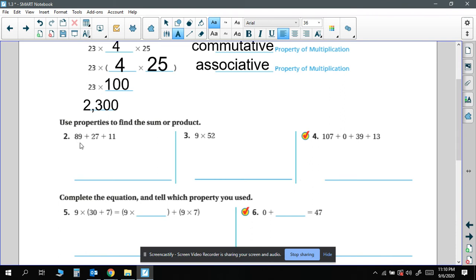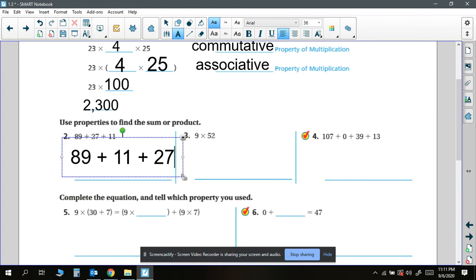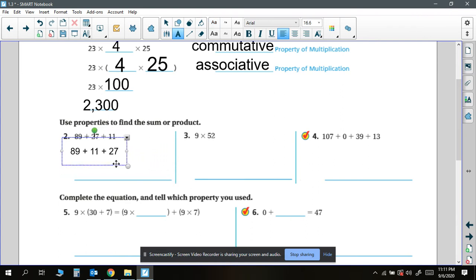So in my head, I'm thinking, if I have 89 and I have 11, and I add those two together, those two are easier for me to add together and then add the 27. So here, if I put 89 plus 11 plus 27, if I rearrange them, right there, I just used the commutative property.